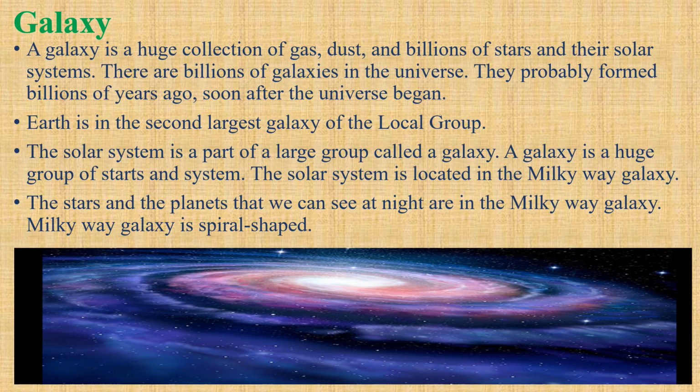Galaxy. We can see in this picture what a galaxy looks like. Wow! It looks so shiny. A galaxy is a huge collection of gas, dust, and billions of stars and their systems. There are billions of galaxies in the universe.